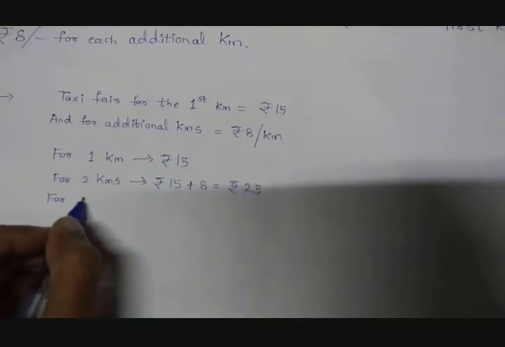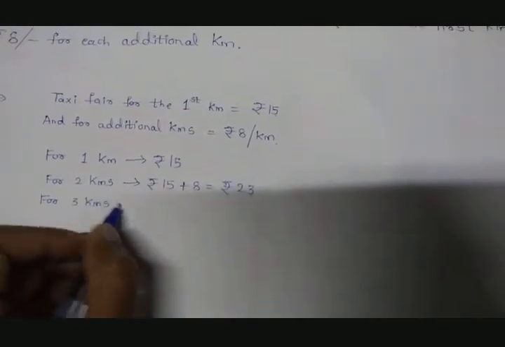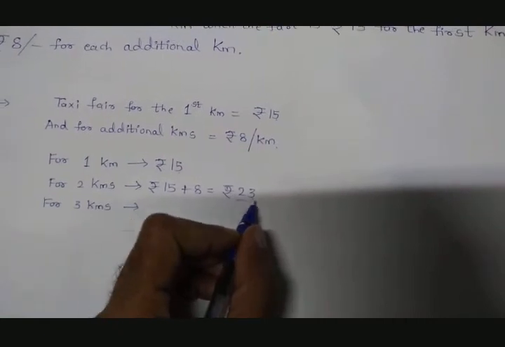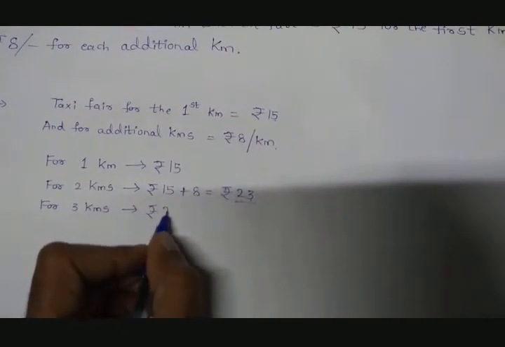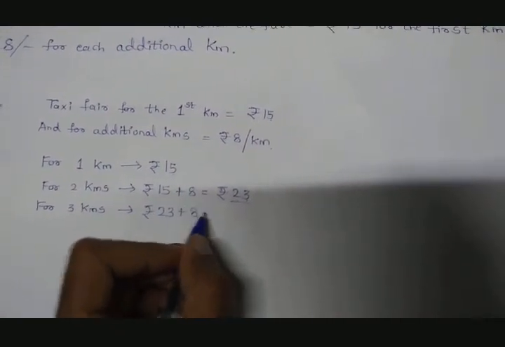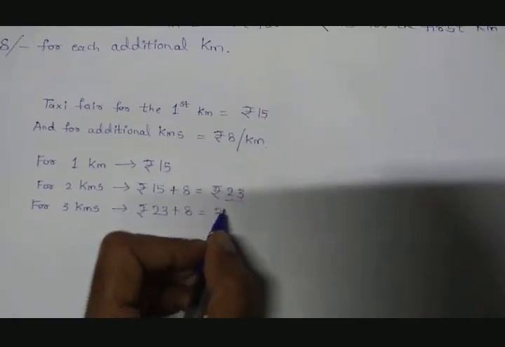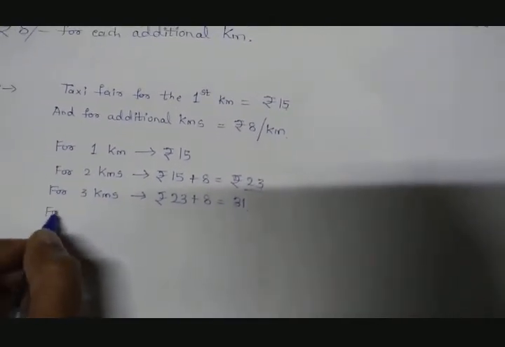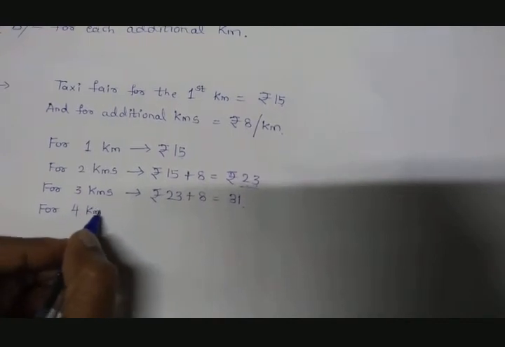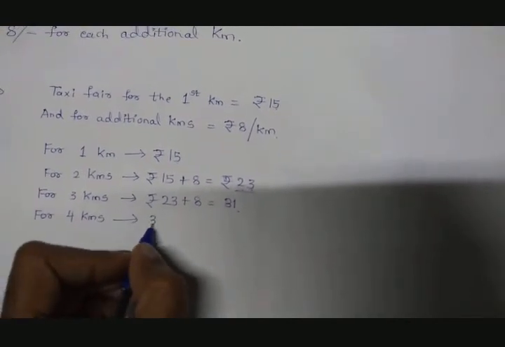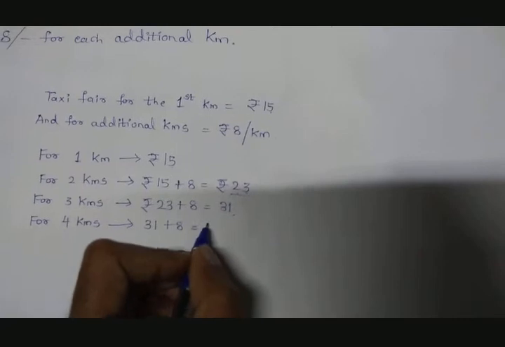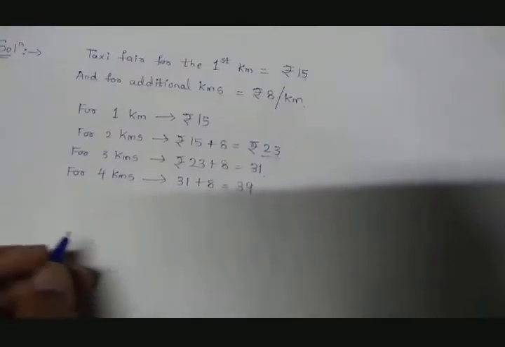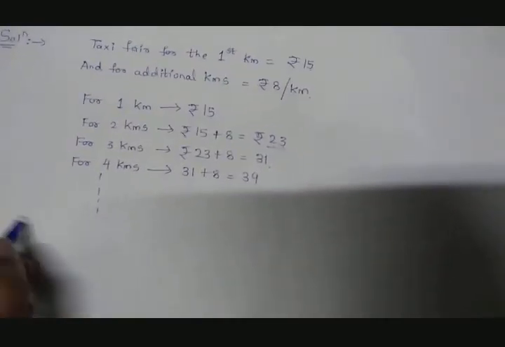For 3 kilometers, again we have to add 8 to the previous amount, that is rupees 23 plus 8, which is 31. And for 4 kilometers, it is 31 plus 8, which is equal to 39. And this goes on.